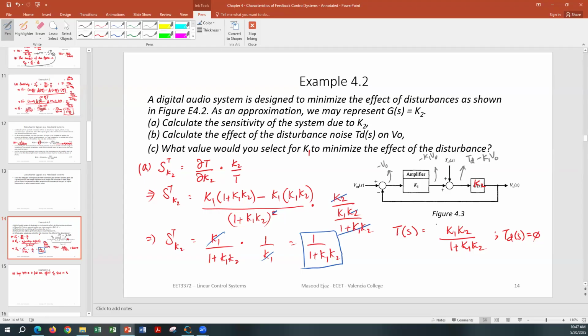And finally, the whole thing goes through the process multiplied by the process gain. So the output is going to be K2 times TD minus K1 V out. So that's going to be your V out, assuming V input to be 0, remember.